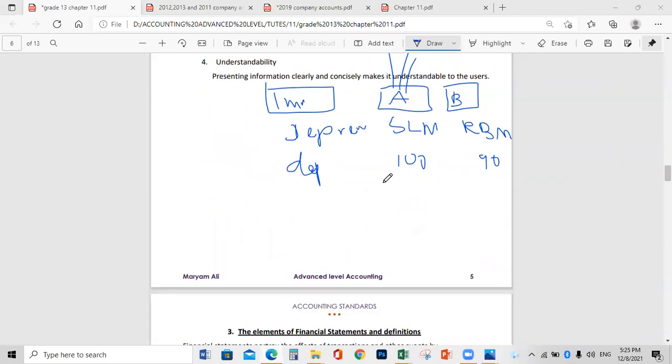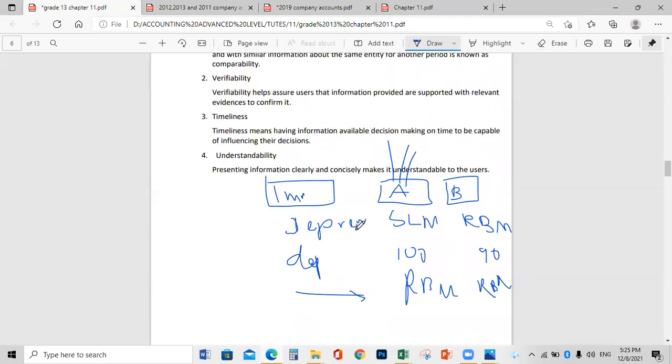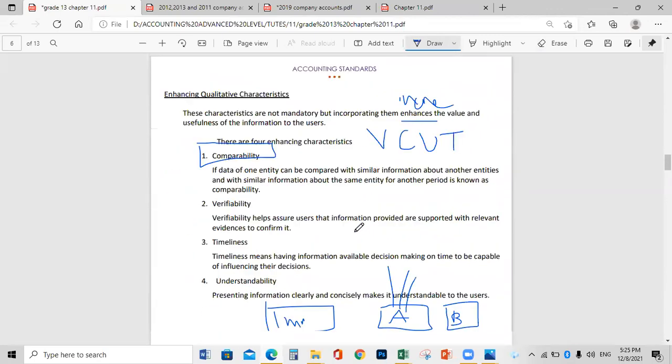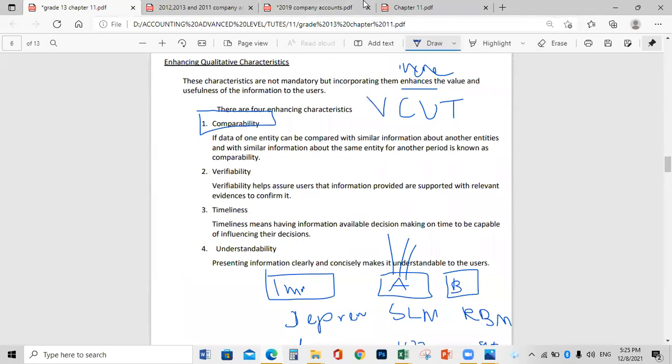Now both of them, if they are following the same method, then the stakeholders will be able to compare, because the base is the same. Both of them are following the same method. So guys, we say in order to be able to compare, you should follow the same method, principles, and policies. Then only it is easy to compare.